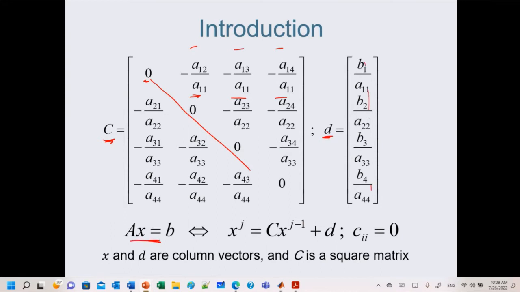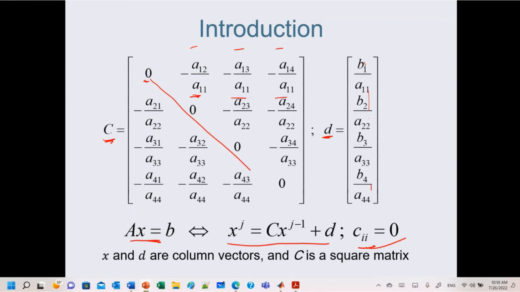So Ax = b is converted in the form of x_j = C x_(j-1) + d, where of course the diagonal elements in C are zeros. So this is how we convert Ax = b into the form of x = Cx + d.